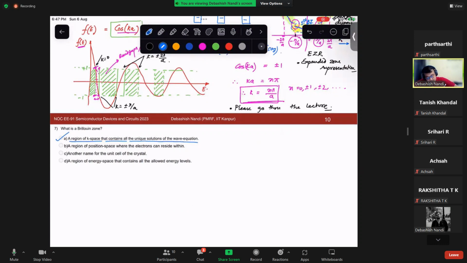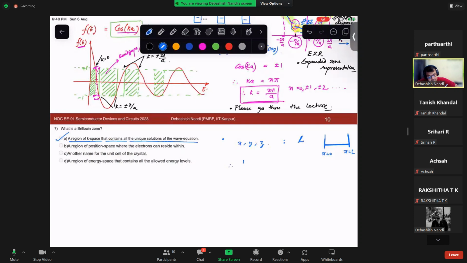If you have studied that, what is real space, by the way? Real space is X, Y, Z, right? Or let's say L in that matter. If this box only you have considered, this is X equal to 0 to X equal to L. So this is real space where we have the physical dimensions, right? And what is K space or reciprocal space?